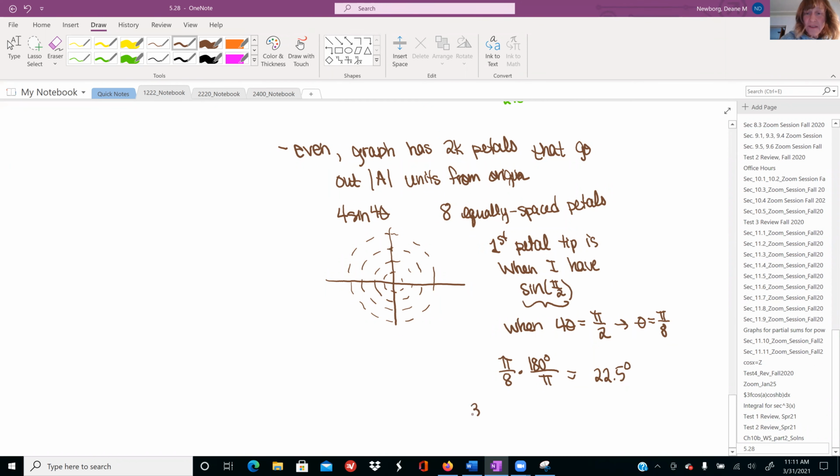And then if you divide the whole plane up into 8 equal pieces, this will tell you how far apart they need to be. So 360 divided by 8 is 45. So they should be 45 degrees apart.